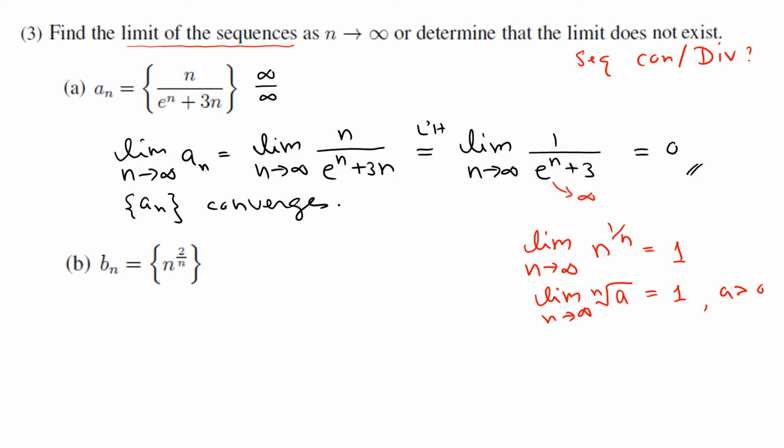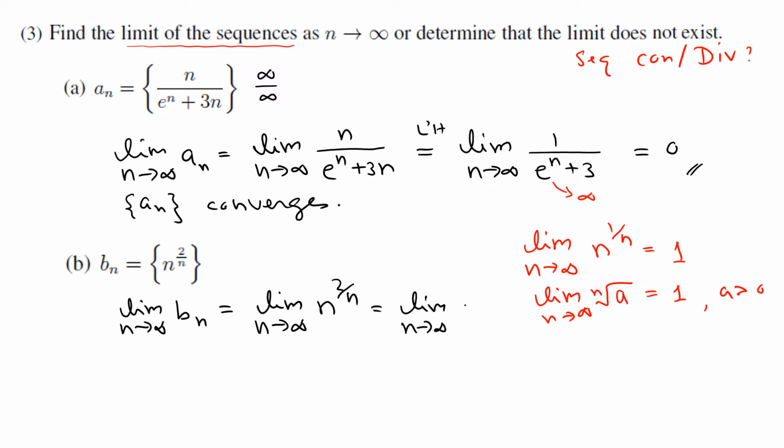Those are the two results. This is a very simple problem, so let's do it in both ways. Say you remember this result. Then the limit as n goes to infinity of b_n is the limit of n^(2/n). We write this as the limit as n goes to infinity of (n^(1/n))^2, but 2 is a constant, so we can simply bring the limit inside.